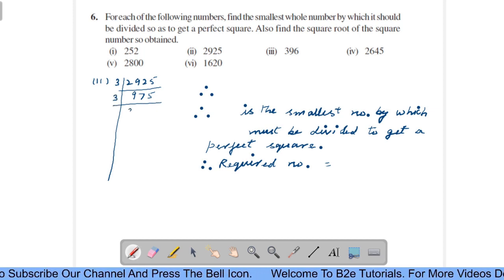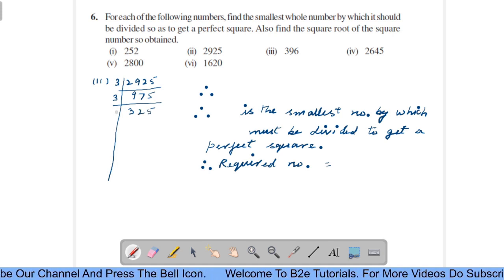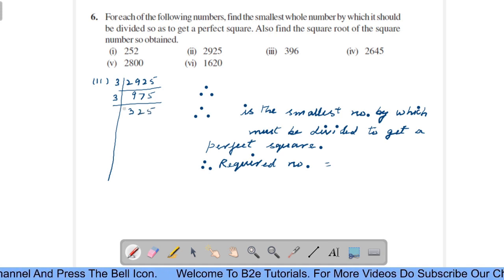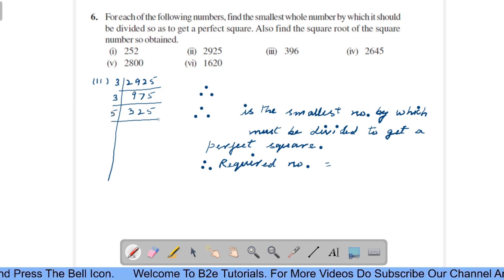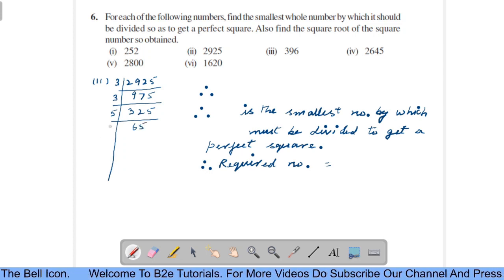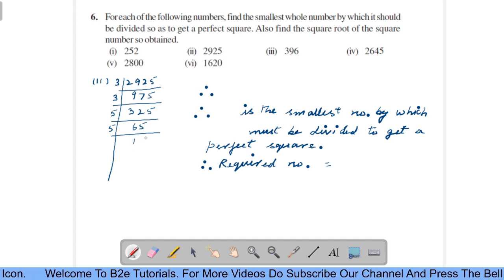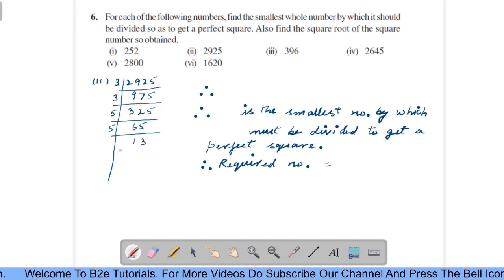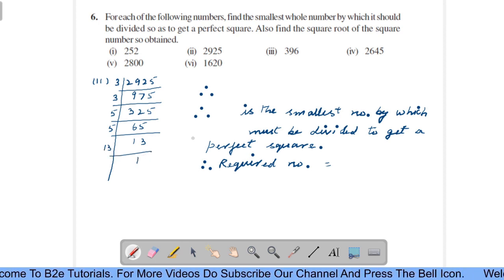It is 3 threes are 9, 3 twos are 6, 3 fives are 15, 5, 5 sixes are 30, 5 fives are 25, again by 5, it is 5 ones are 5, 5 threes are 15, then by 13 it is 1.